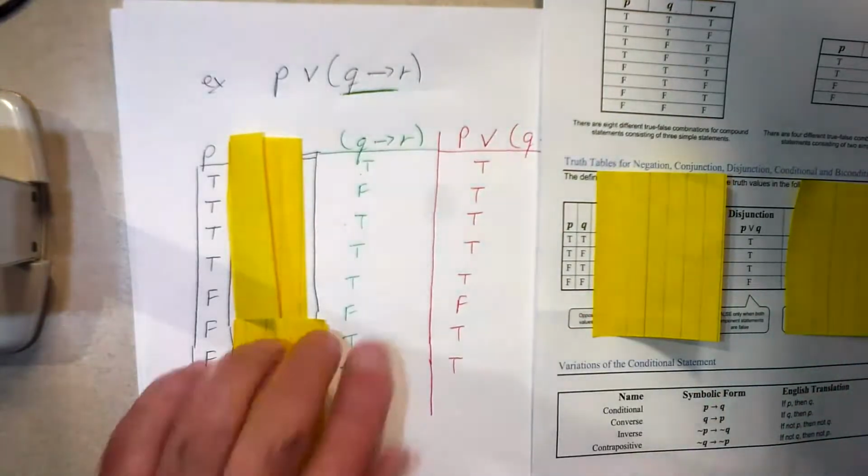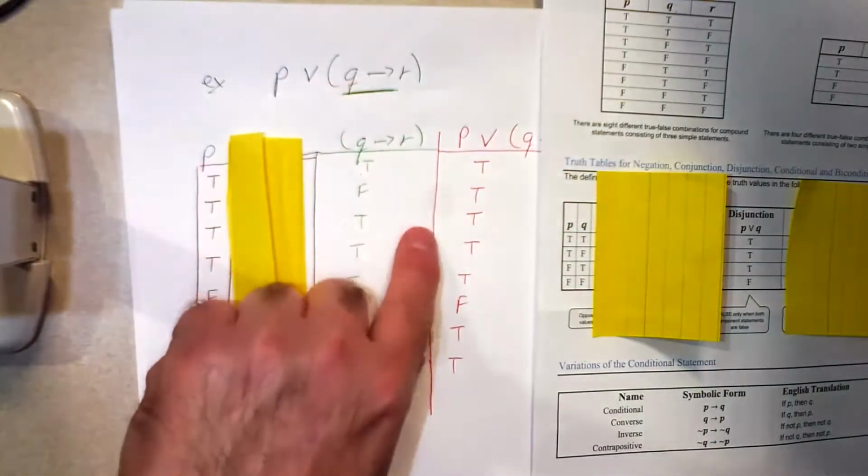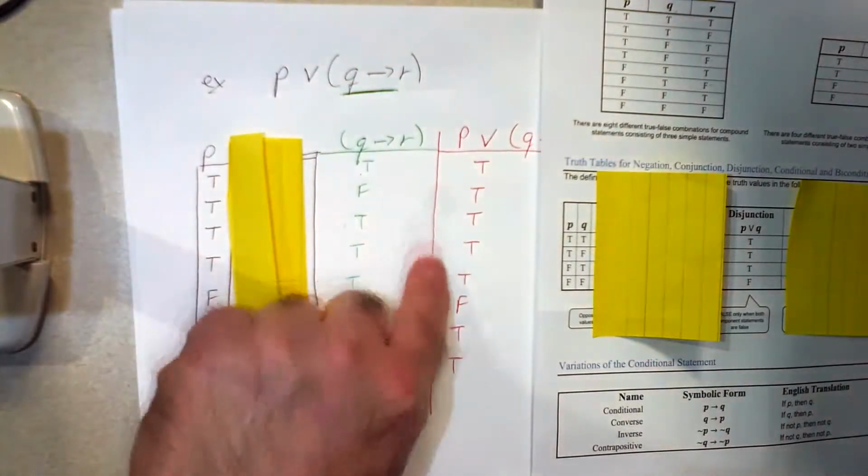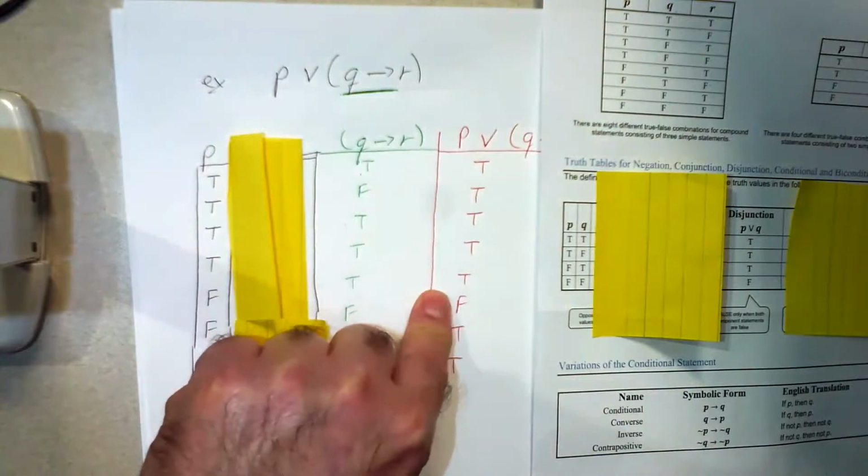So here are our results for this statement. There's 5 T's, an F and a TT.